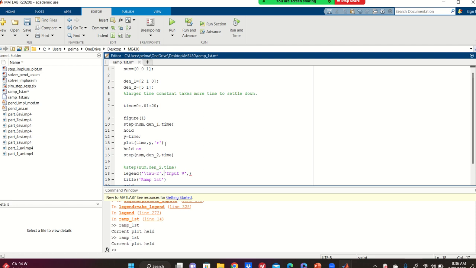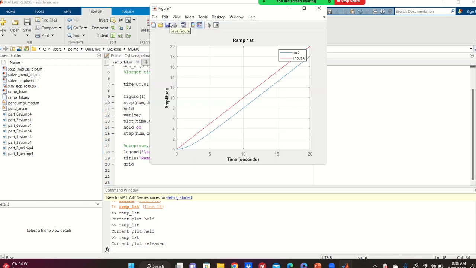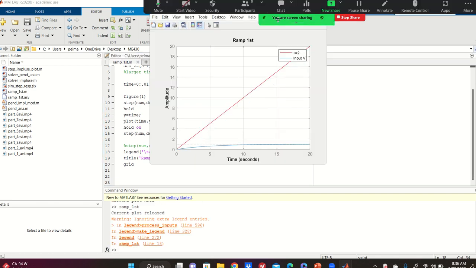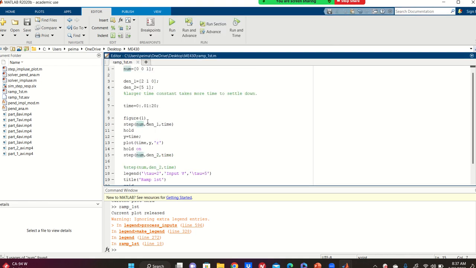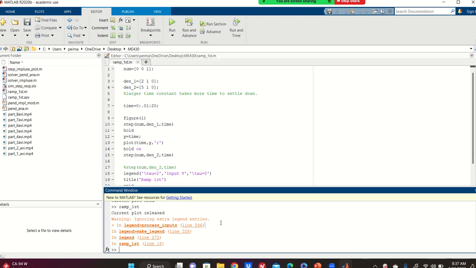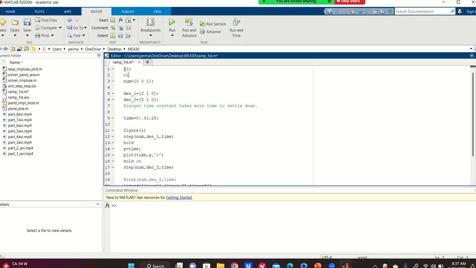When I increase the time constant to 5, you see that... And always, guys, put clear all in your code.